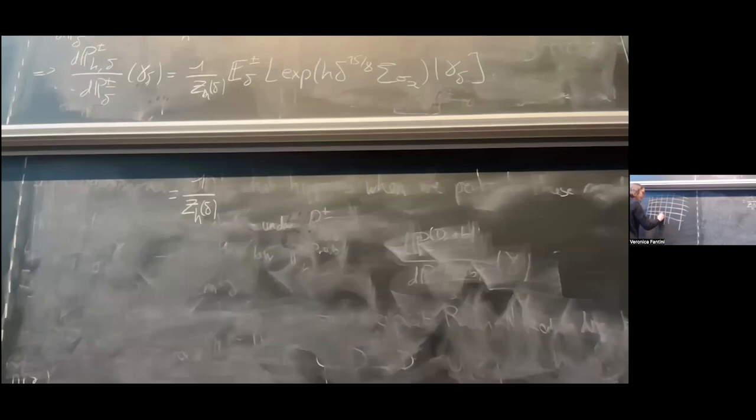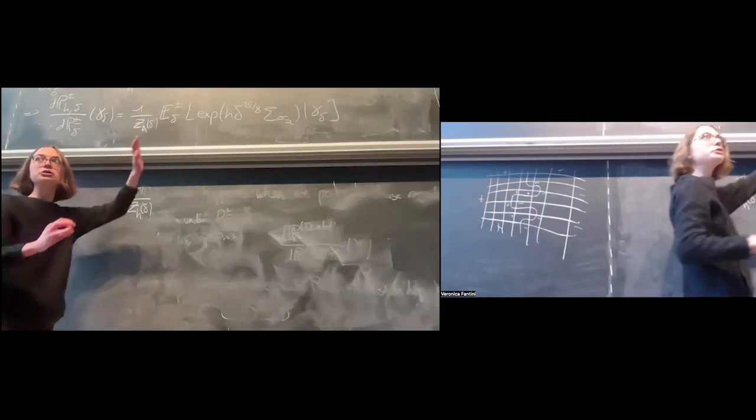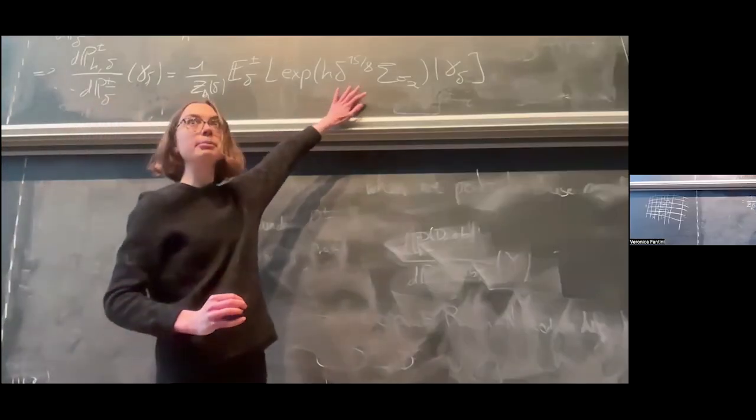So if you have your interface, on the left you will have an Ising model with minus boundary condition when you condition on the interface, and on the right you will have an Ising model with plus boundary condition. Those two models, conditionally on gamma, are independent.